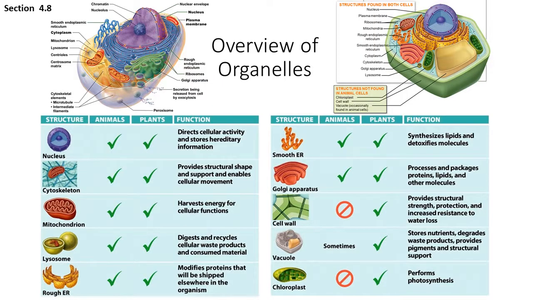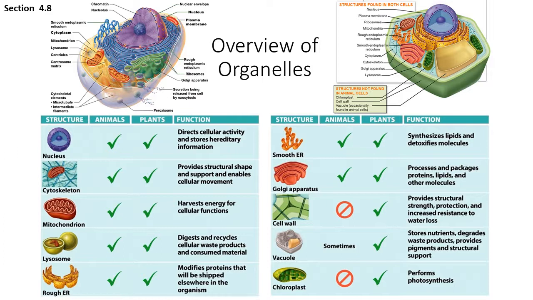An overview of the organelles here. In both animal and plant cells, we have a nucleus, which directs the cellular activity and stores hereditary information. The cytoskeleton, which provides structural shape and support and enables cellular movement. Mitochondria, which harvest energy for cellular functions.